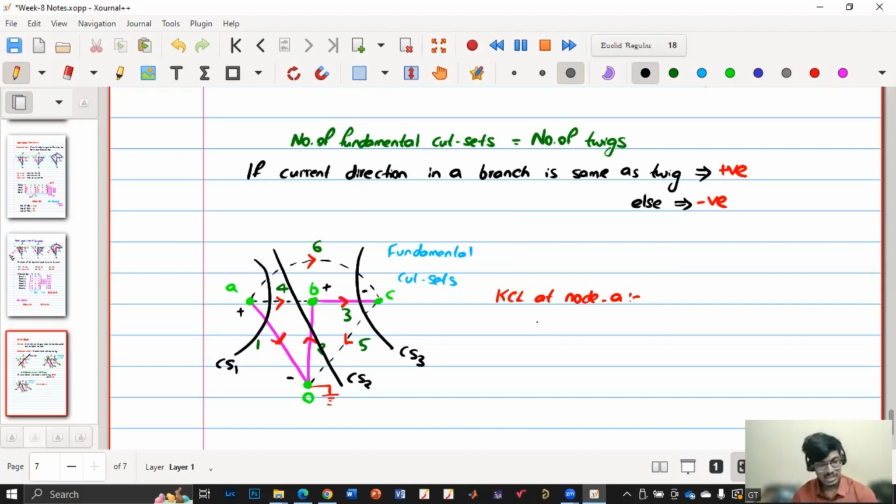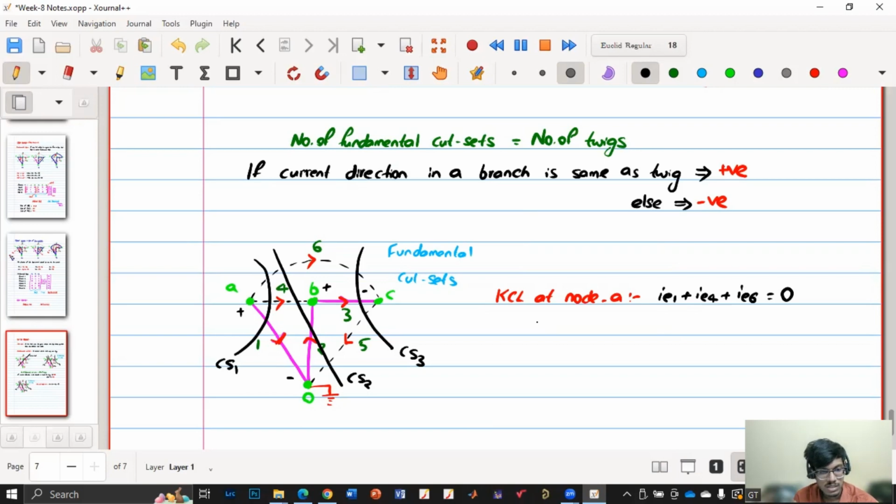In all cases the current is going out, right? So the equation is IE1 plus IE4 plus IE6 equals 0. Got it?